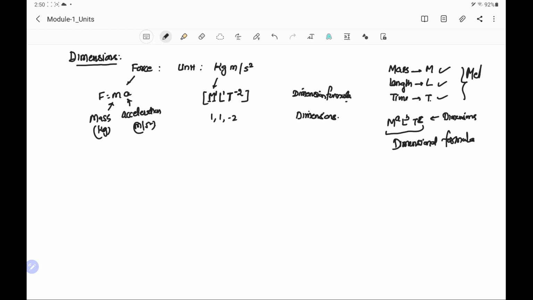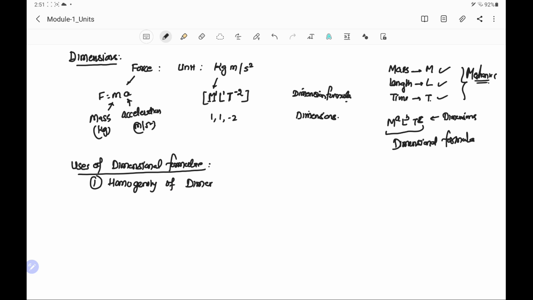Now we see what are the uses of dimensions or the dimensional formula. A very important use of the dimensional formula: number one, we can check the homogeneity of dimensions in an equation.